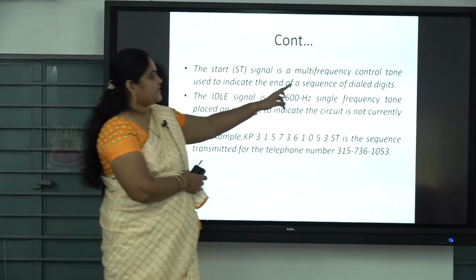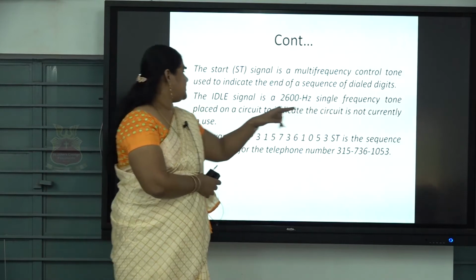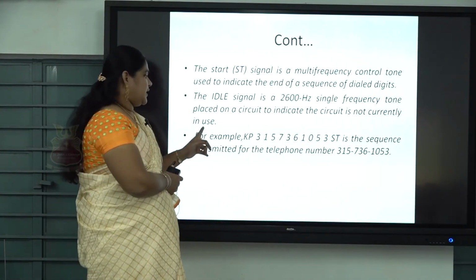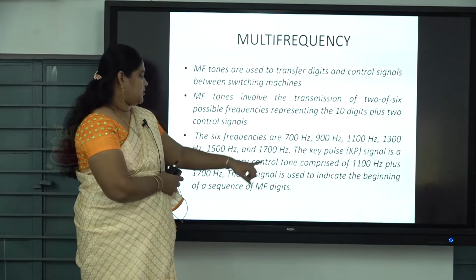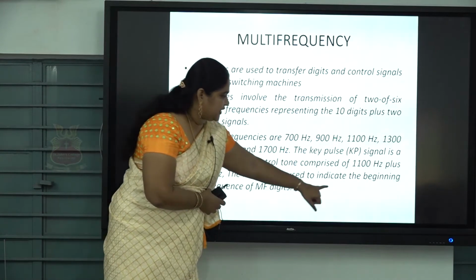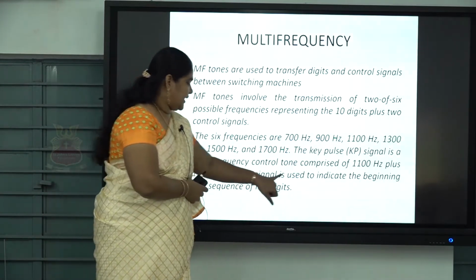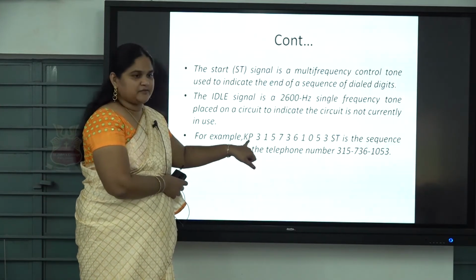The start signal is the multi-frequency control used to indicate the end of the sequence of dialed digits. The idle signal is a 2600 Hz single frequency tone. The key pulse signal, KP, is used to indicate the beginning of the sequence of MF digits.